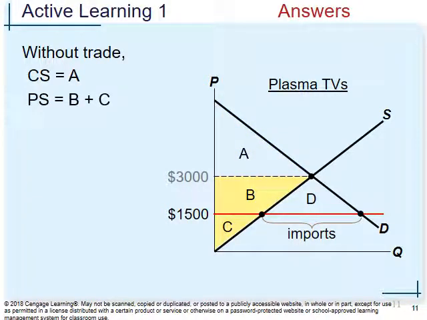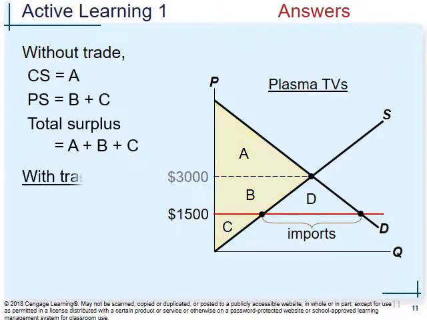And we can also compare the consumer surplus and producer surplus in the cases when there is trade and when there was no trade. So without trade, consumer surplus is area A, and producer surplus is area B and C, and the total surplus without trade is A, B, and C. What happens with trade?